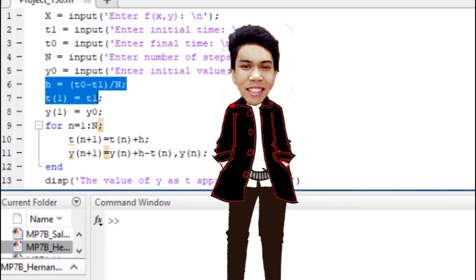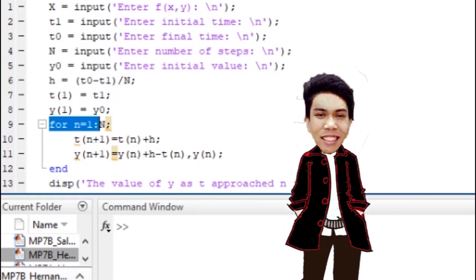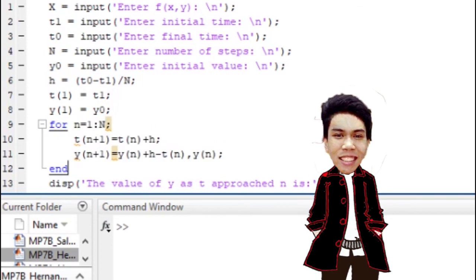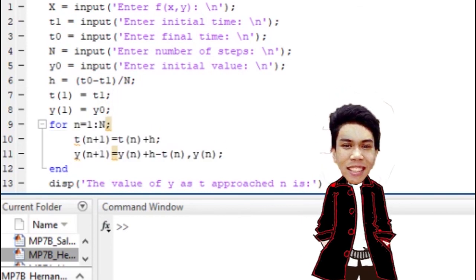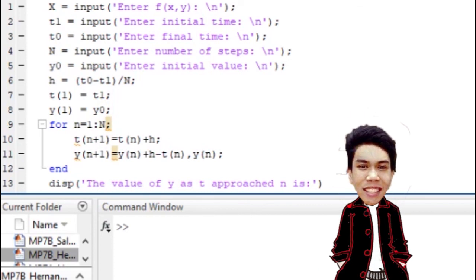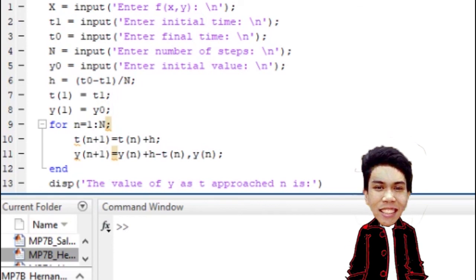The next lines of the code are for the computations that are also needed in order to solve the equation. We use the for loop method because of the iterations. It is because of the nature of Euler's method of continuous calculations until you arrive at a certain solution for the equation.